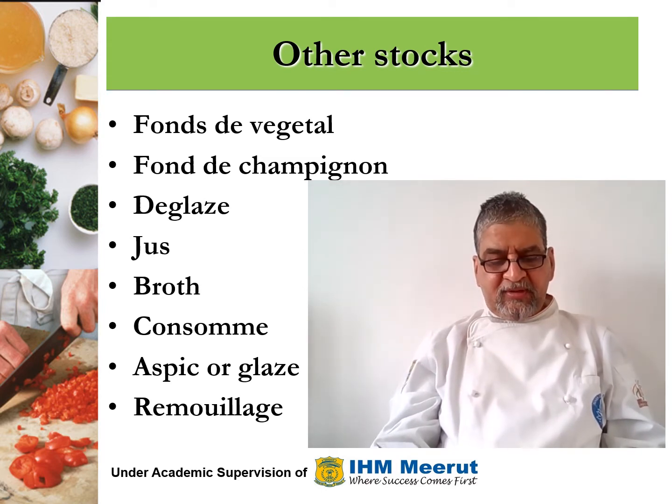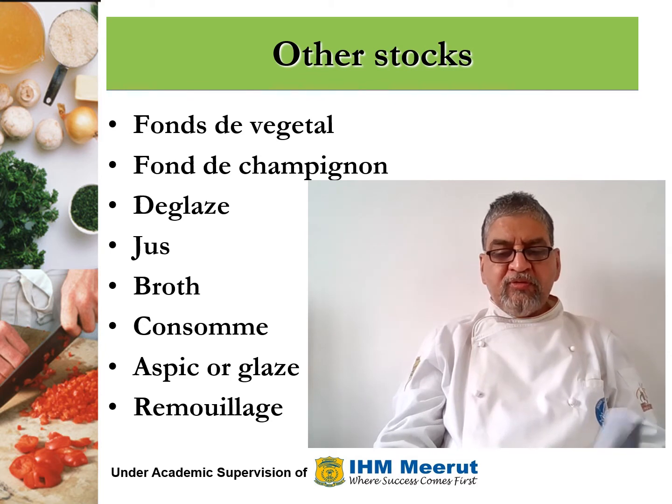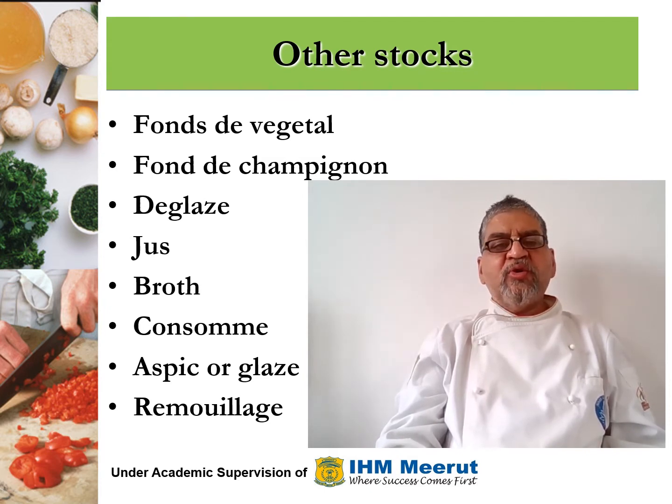Then we have deglaze. Deglaze is adding stock into the frying pan or roasting tray and heating, stirred with a wooden spoon to remove the caramelized residue after roasting meats and vegetables. This liquid is then used over the food for moistening it or as a sauce after thickening it.